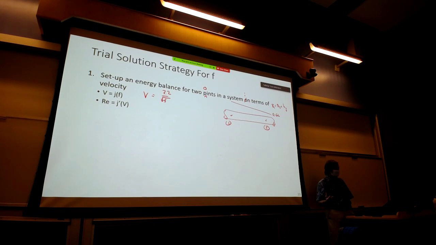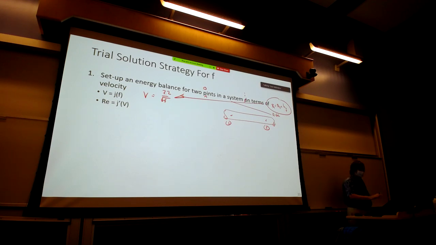That's all it is. And something like that would come out of an energy balance. Next time we're actually going to come up with this. That 7.2 is just a number I picked out of the air. Depending on the problem, it's going to be different. And again, Reynolds number is velocity times diameter over kinematic viscosity.